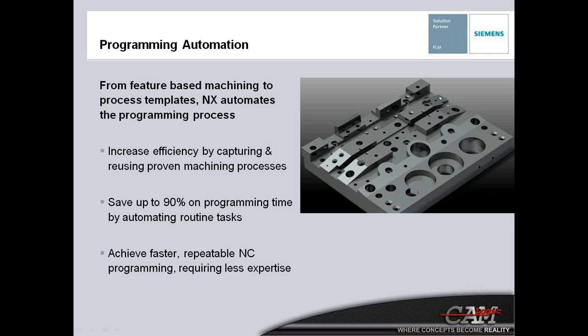NXCAM does provide feature-based machining along with process templates. There are several different ways that we can automate and streamline NC programming that, at the end of the day, reduces the programming time associated with the models. Obviously, we achieve faster, more repeatable NC programs. Also, this helps reduce the required expertise that may be needed.